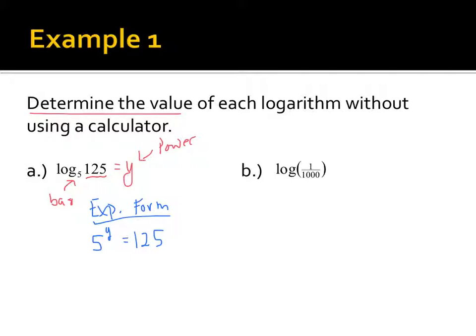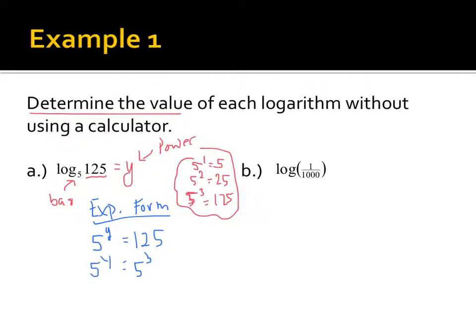I know that 5 to the first power is 5, 5 squared is 25, and 5 to the third power is 125. And so I can replace the 125 on the right with 5 cubed. And so 5 to the y is equal to 5 cubed.